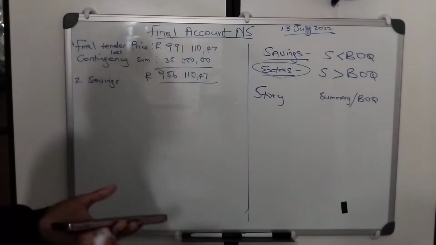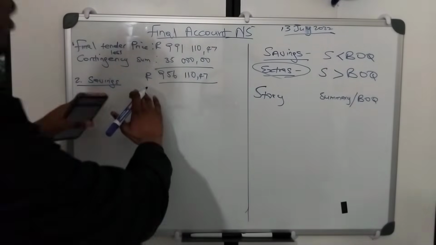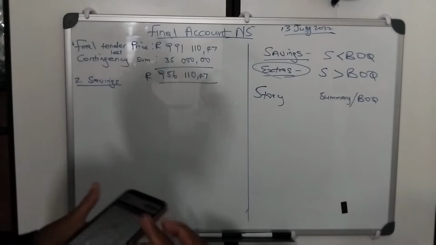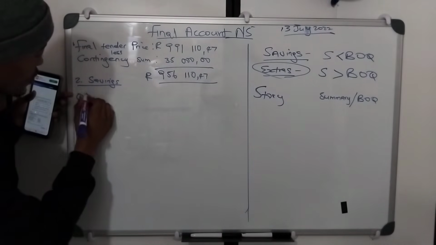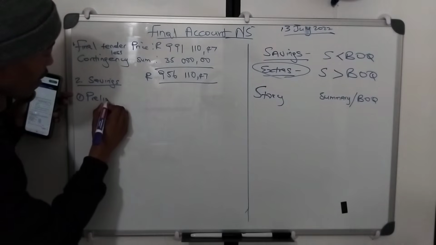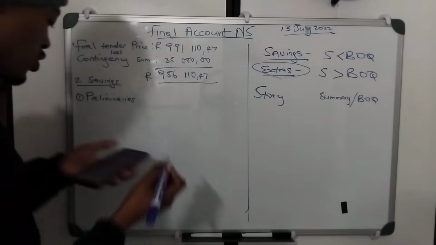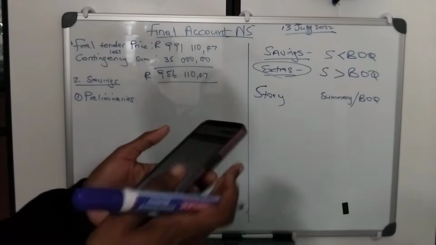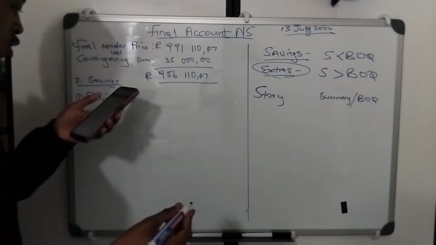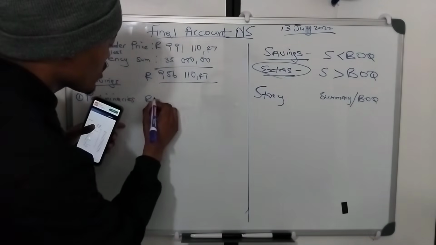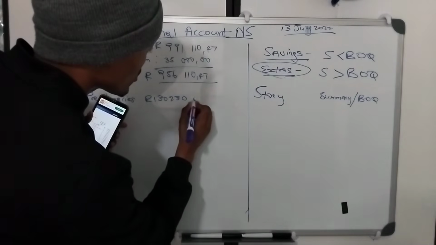Now everything that belongs under savings, the ones that we're doing, now we're gonna be listing them, adjusting them one by one. So we go to the first one, which is preliminaries. What is the amount of preliminaries? You take the bigger one minus the smaller one. The amount of preliminaries on the BOQ is 130,230.